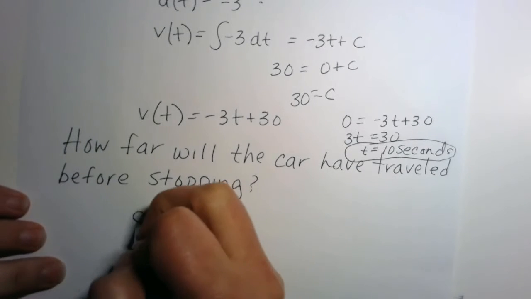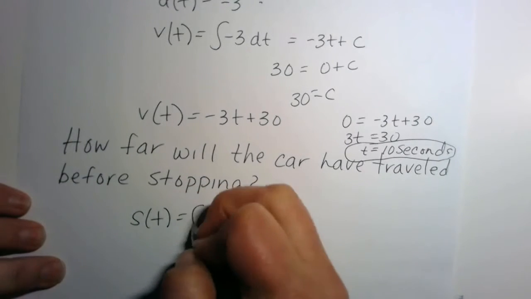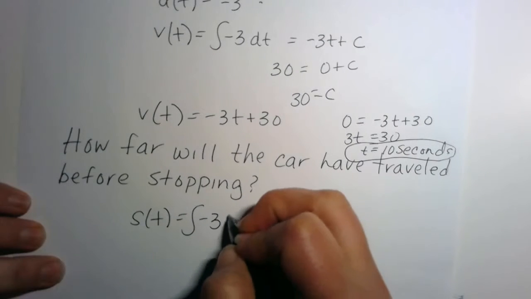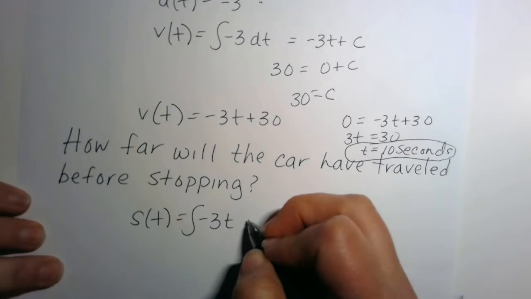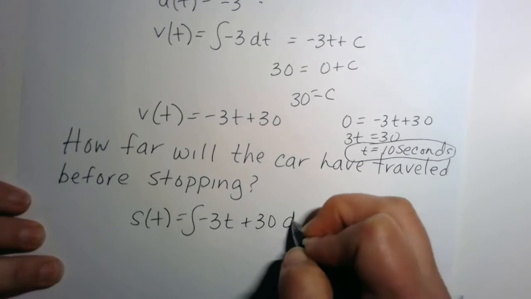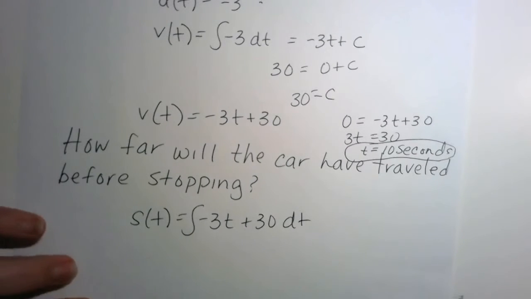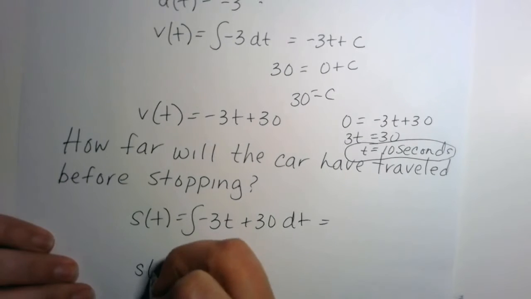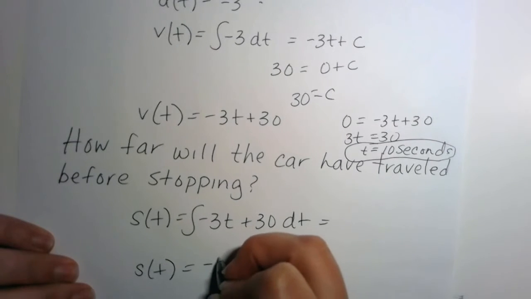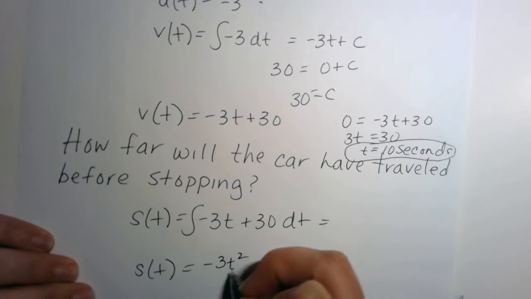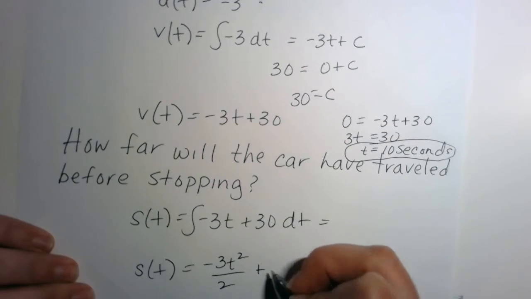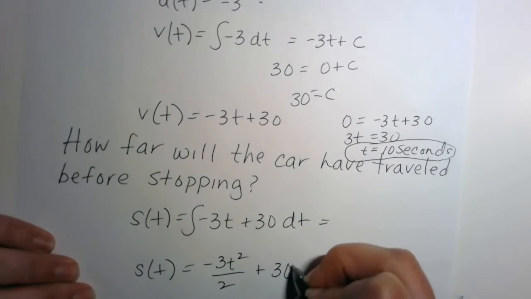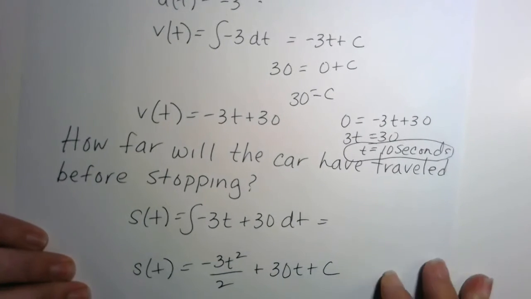We need to find s of t, which is the antiderivative of negative 3t plus 30 dt. All right, so my function will be s of t is negative 3t squared over 2, and then plus 30t plus c.